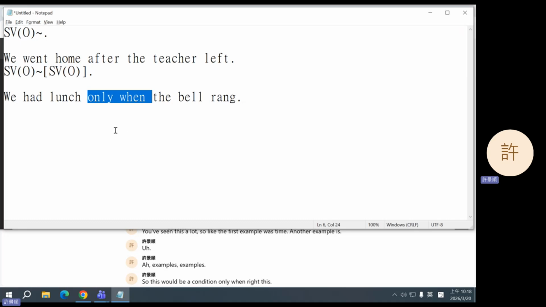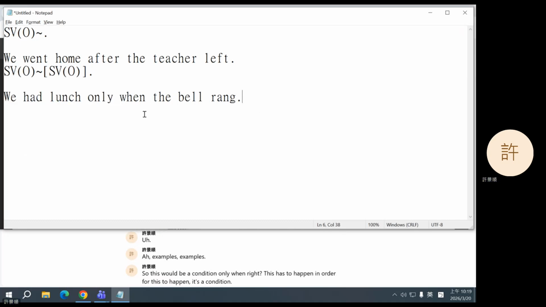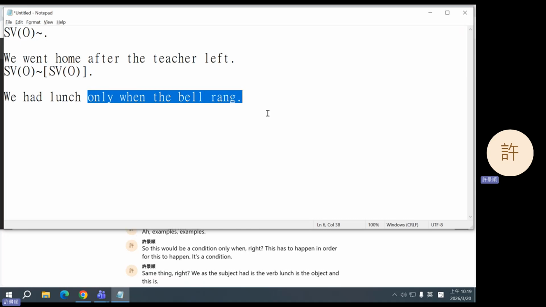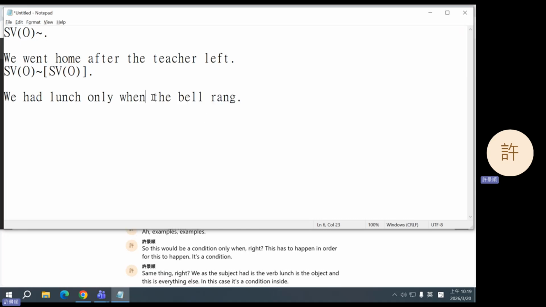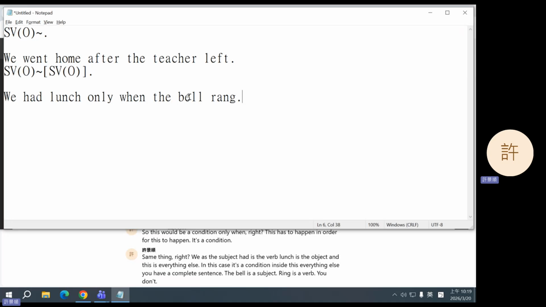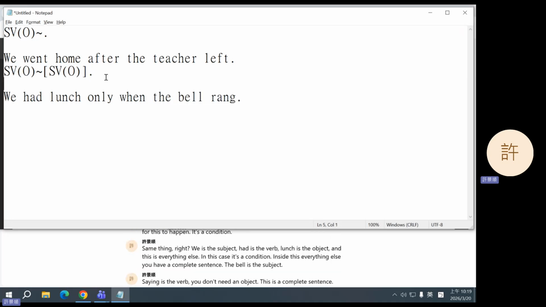This has to happen in order for this to happen. It's a condition. Same thing, right? We is the subject, had is the verb, lunch is the object, and this is everything else. In this case, it's a condition. Inside this everything else, you have a complete sentence. The bell is the subject, rang is the verb. You don't need an object. This is a complete sentence. So it's still this structure.